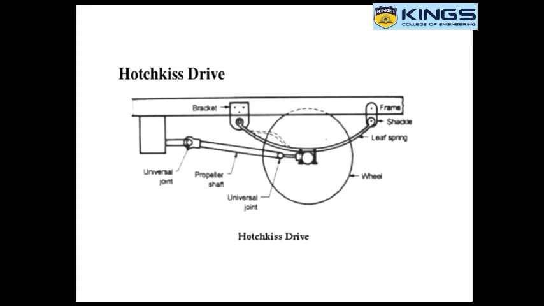This is the line diagram of the Hotchkiss drive. The front end of the leaf spring is pivoted to the vehicle frame, that is the chassis. The rear end of the leaf spring is supported in a swing shackle with bush. The center of the leaf spring is rigidly bolted with the rear axle casing.